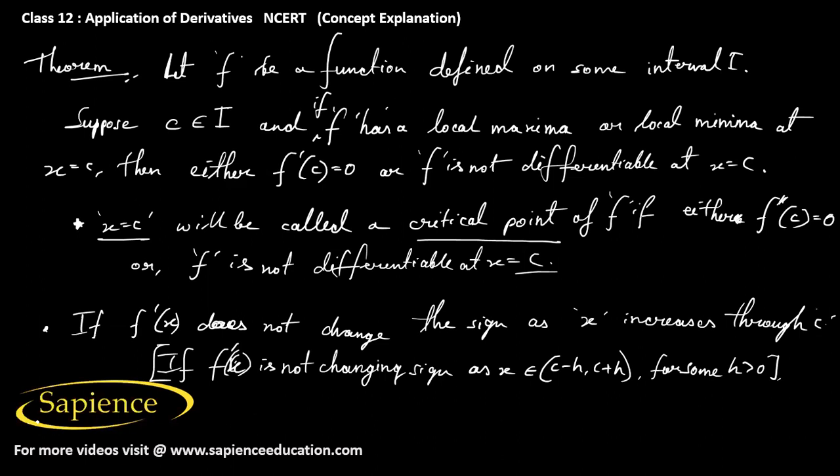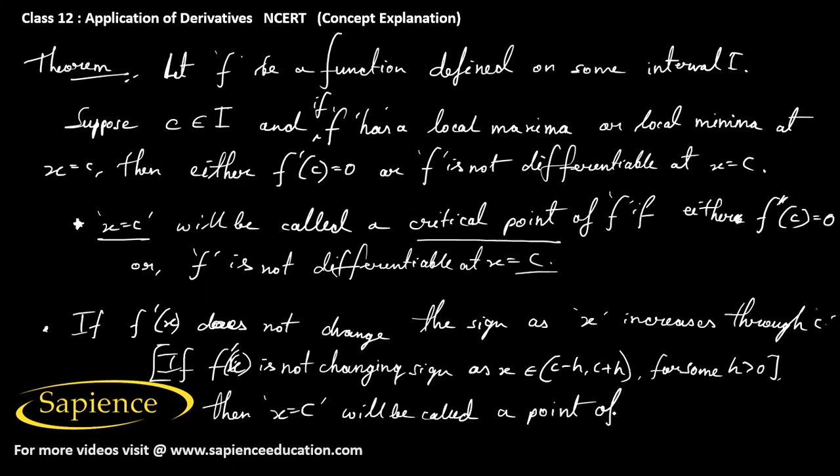Then we can say that x equal to c is neither a point of local maxima nor local minima. x equal to c will be called a point of inflection.